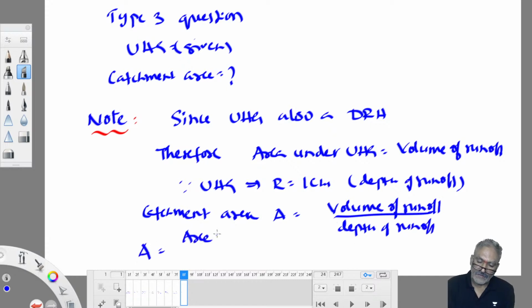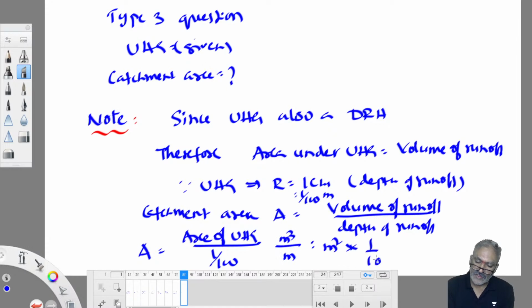It is the area of the unit hydrograph, which we measure, divided by the depth of runoff, 1 centimeter, which is nothing but 1 by 100 meters. So volume will be in meter cube, depth in meter, and you will get catchment area in meter square. To convert into kilometer square, divide by 10 power 6. If you divide by 10 power 4, we will get catchment area in hectares. So this is another type of question they are asking.